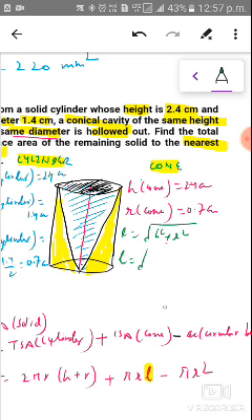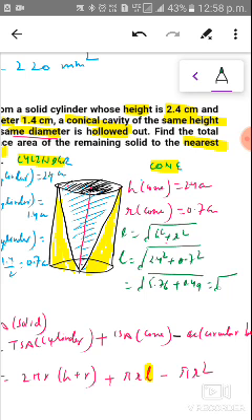So that is 2.4 whole square plus 0.7 whole square, which is the square root of 5.76 plus 0.49, that is 6.25. So our l will be 2.5 centimeter.